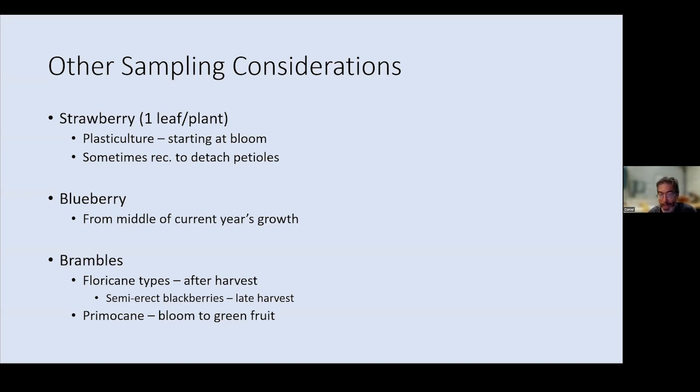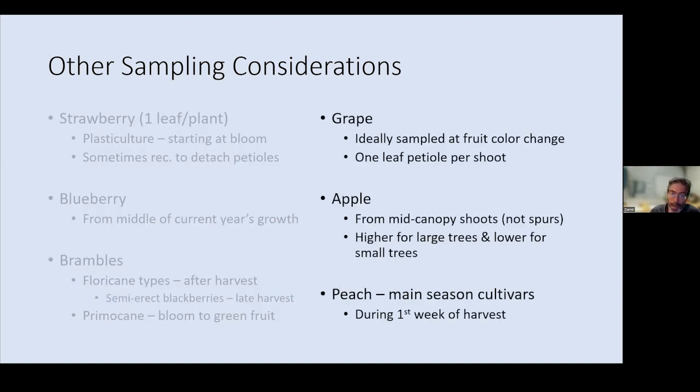Brambles, floricane types, are sampled after harvest from the primocanes, those are the new vegetative shoots. For semi-erect blackberries, this will be during late harvest. And for primocane types that are going to fruit in the fall, the sampling period is bloom to green fruit stage. Grape is ideally sampled at veraison, which is the color change of the clusters or berries, and then one leaf petiole per shoot.